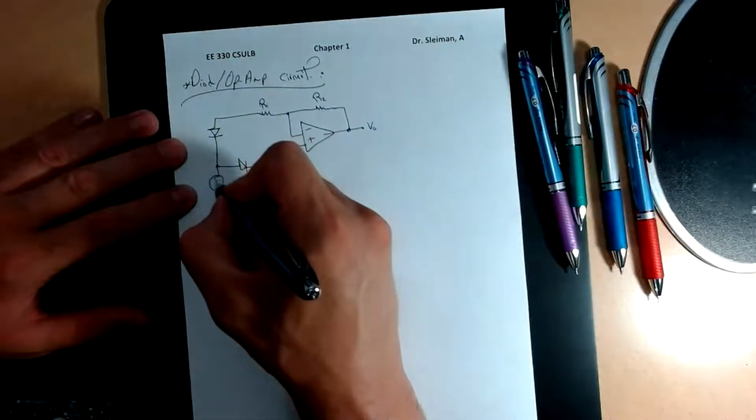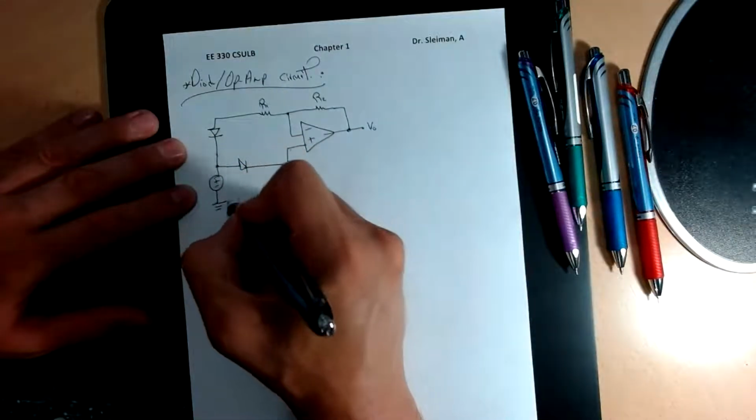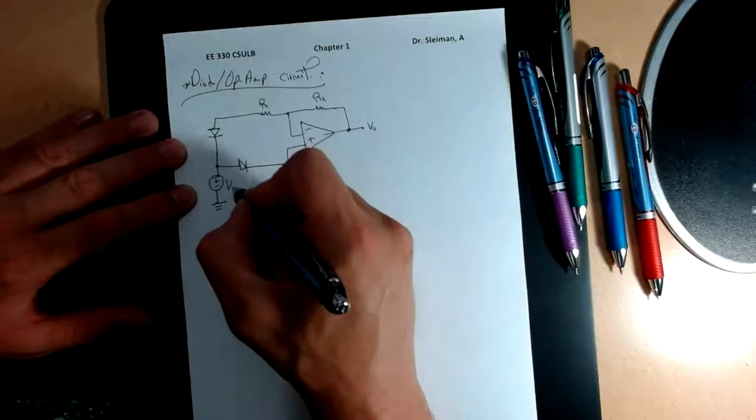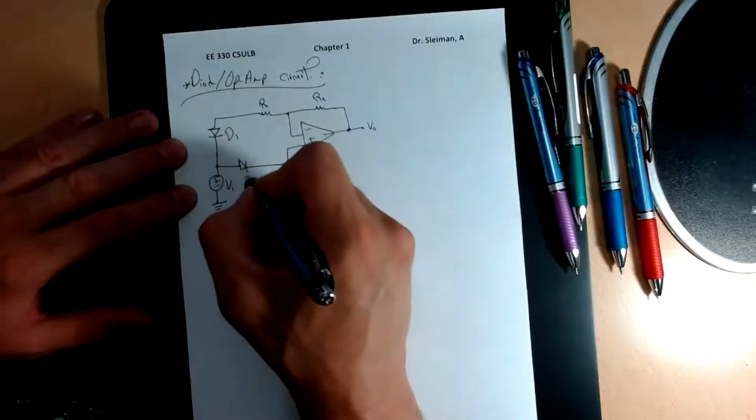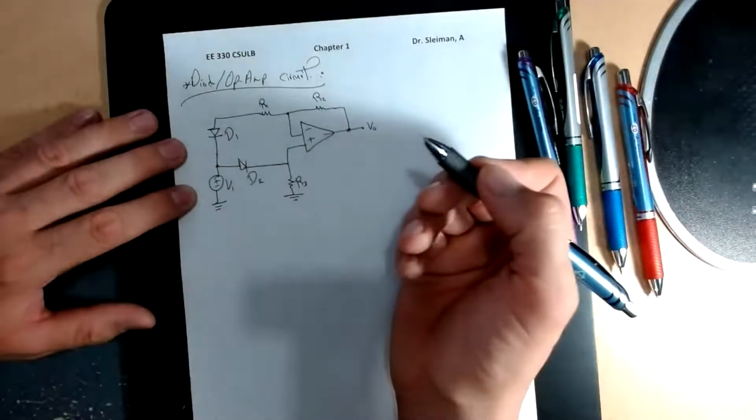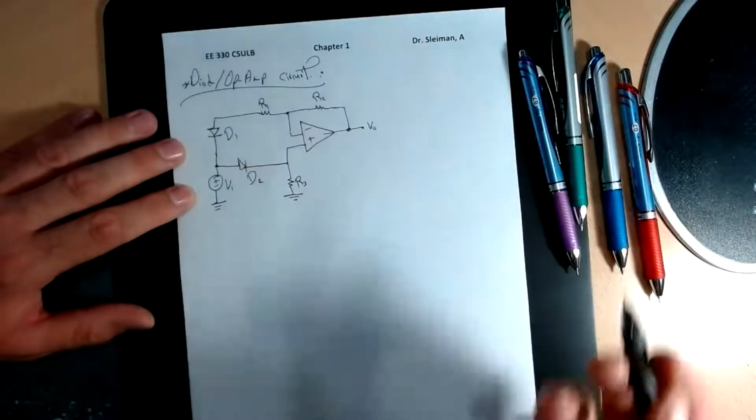We're going to provide a voltage source, V1. Let's name the diodes D1 and D2. So R1 here.